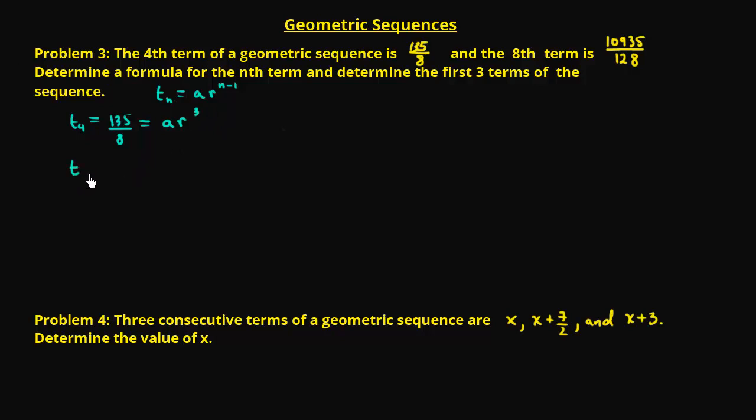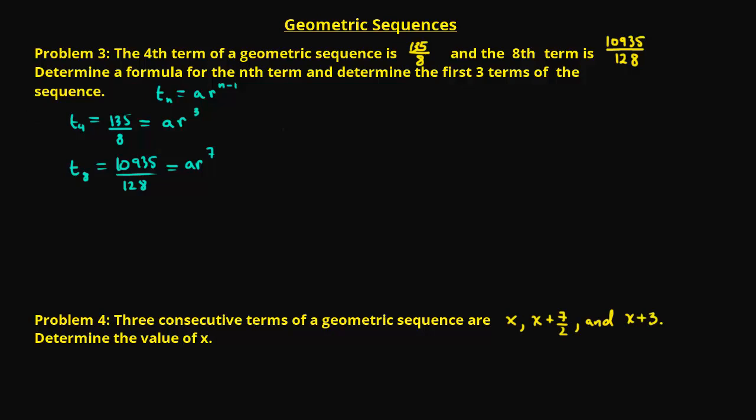T sub 8, we're told in this problem, is 10,935 divided by 128. And that's equal to ar to the power of 8 minus 1, which is 7.